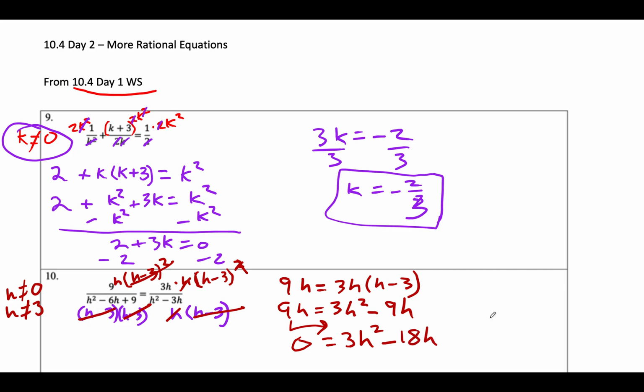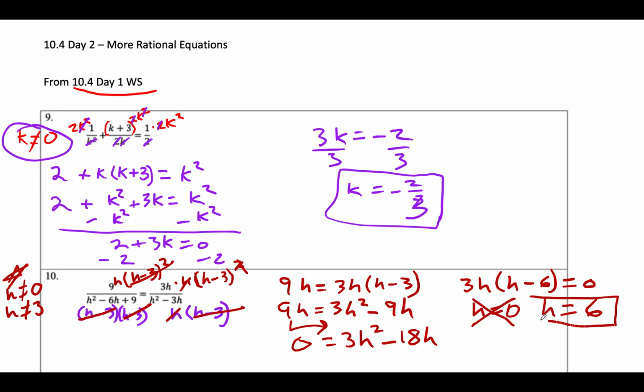And now I can factor out a 3h, and I have h minus 6 equals 0. Set them both equal to 0, and h is 0, and h is 6. Notice we can't forget about our original. We have h equals 0 as extraneous, and h is equal to 6. Okay?